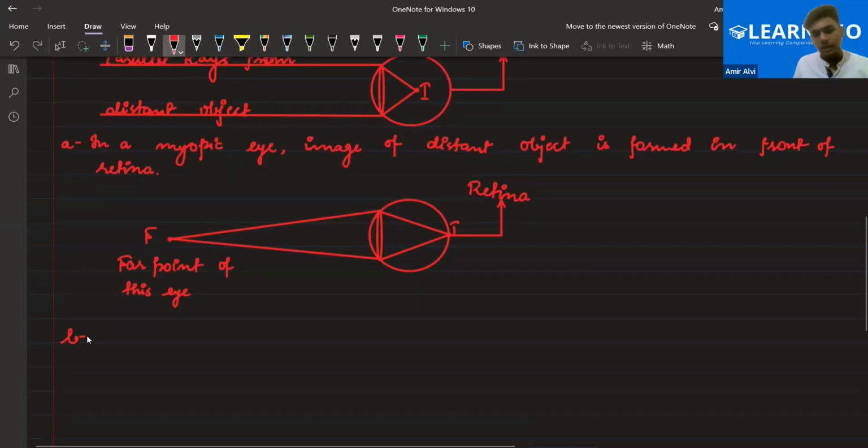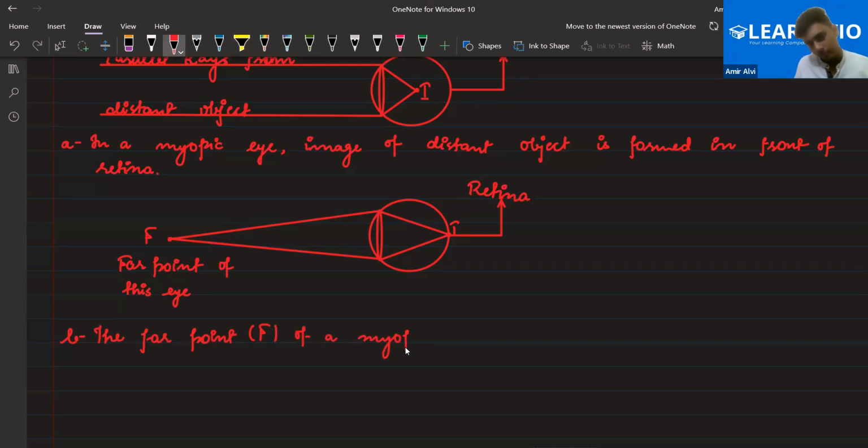B point is the far point of the myopic eye. Okay, Shazil? For the myopic eye, the far point is less than infinity.